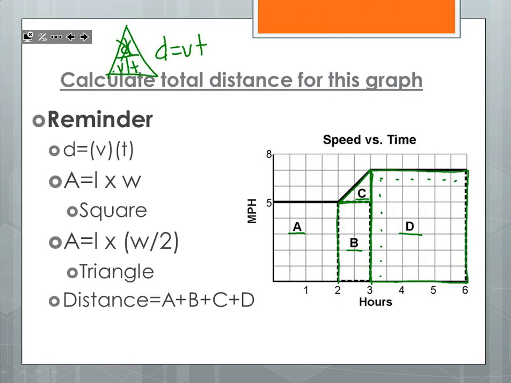And so I look at the first one, and I say that A equals, and I use length times width because it's a square, or I'm going to use the speed times the time.